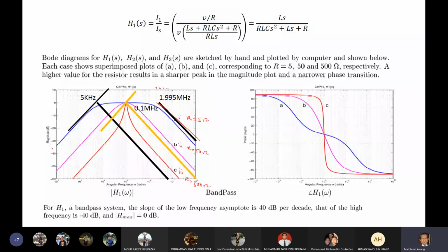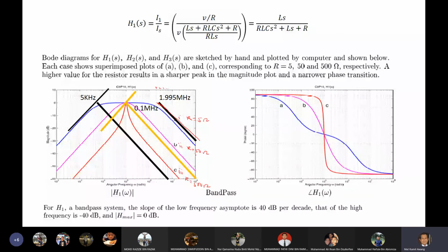So basically, it started with 20 dB per decade. Then after that, it cancels out, so it's flat. Then after that, it goes down 20 dB per decade. So that is the band pass for R equal to 5.